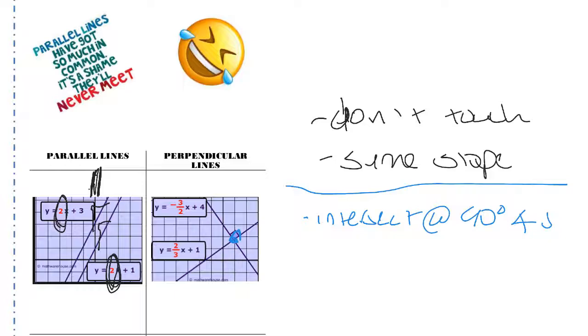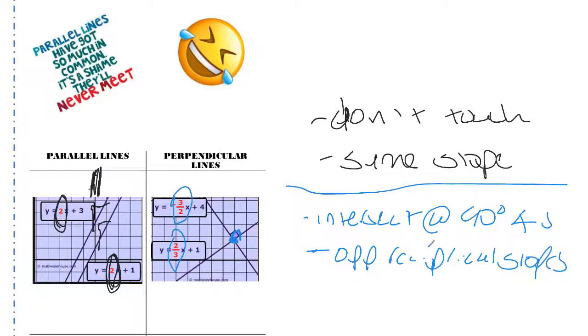Not only do they intersect at right angles, a special property about their slopes is they have what we call opposite reciprocal slopes.